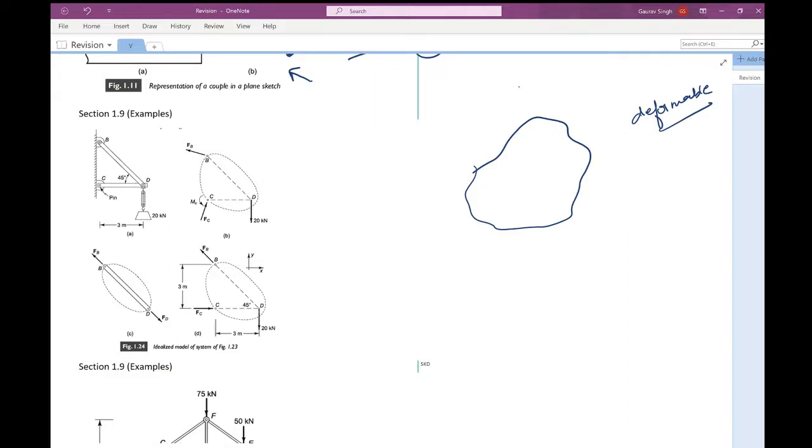So if this is a deformable system, in this case, equilibrium is said to exist when, other than for a rigid case, what was the rigid case? That the external forces and the external moments are all adding up to zero.